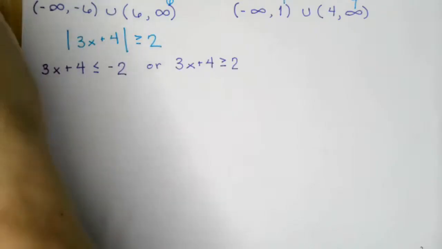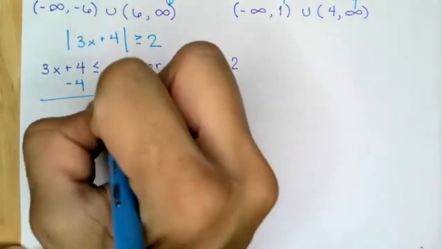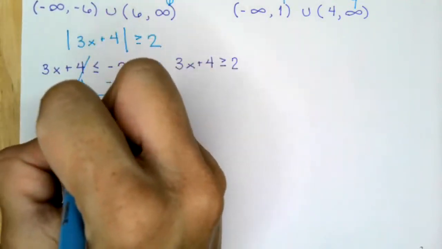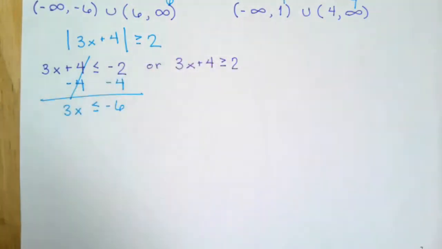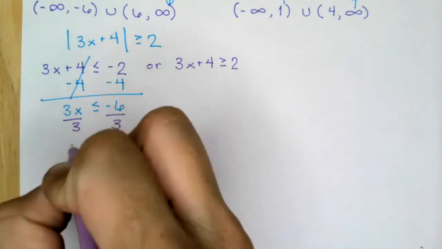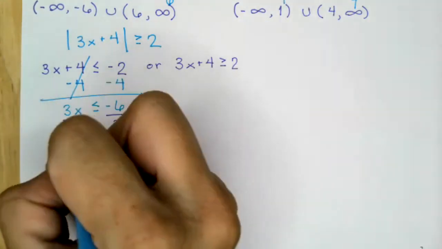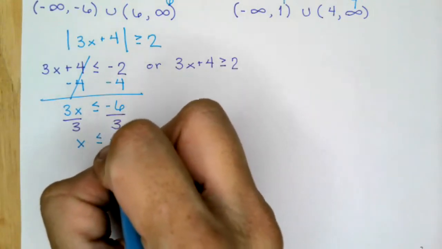Now I solve for x. Subtract 4, subtract 4. 3x less than or equal to -6. Divide by 3, divide by 3. X is less than or equal to -2.